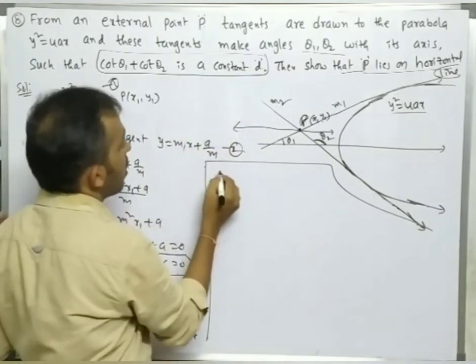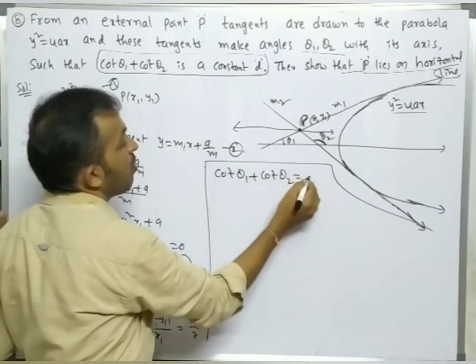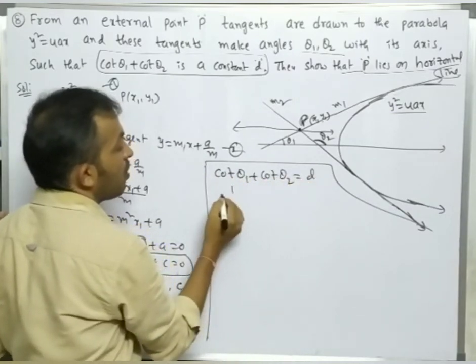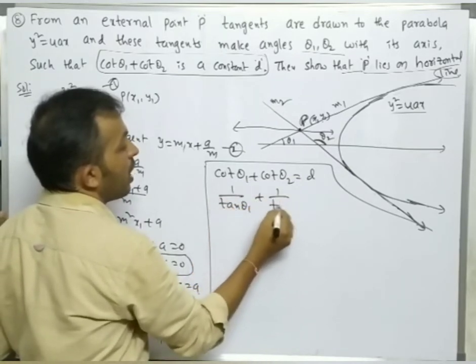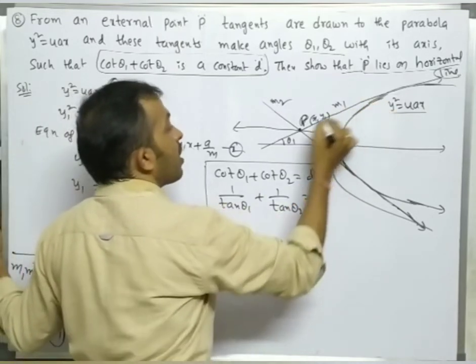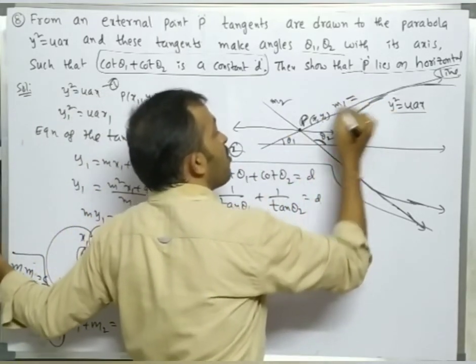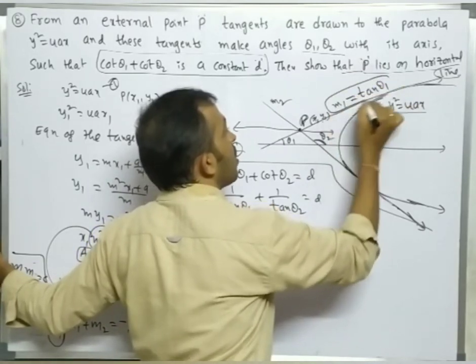Now what is the given condition? Cot theta 1 plus cot theta 2 is equal to d. Cot theta 1 can be written as 1 by tan theta 1 plus 1 by tan theta 2 is equal to d. Now let the slope of this tangent be m1, making theta 1, means m1 is equal to tan theta 1.